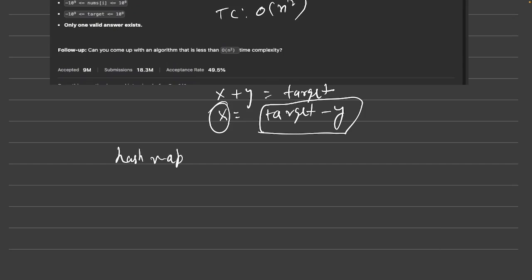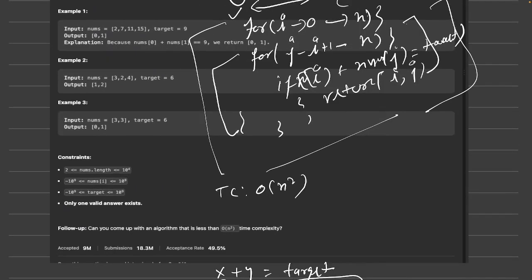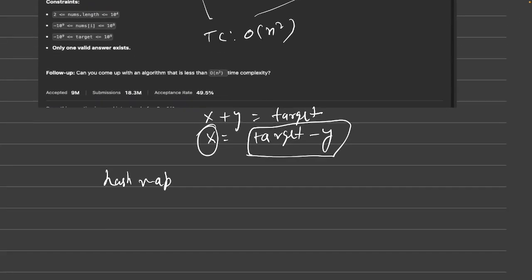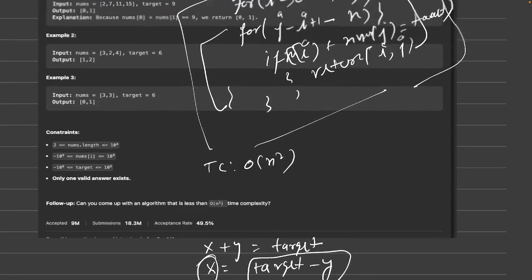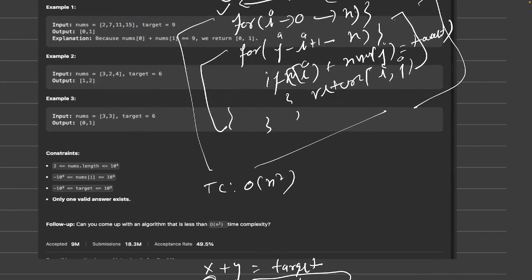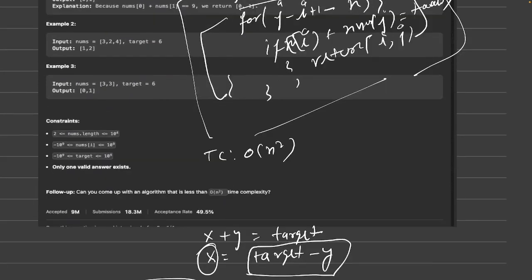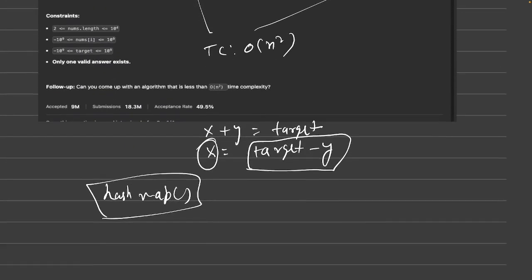Now what we can do is, first we need to fill my hash map with the array elements. Then inside my loop, we'll evaluate this equation, and the result we try to find in my hash map, because we have already filled it with the array, and that lookup will be order of 1.